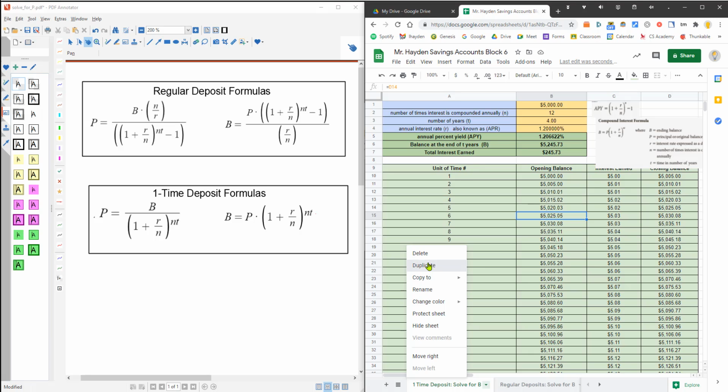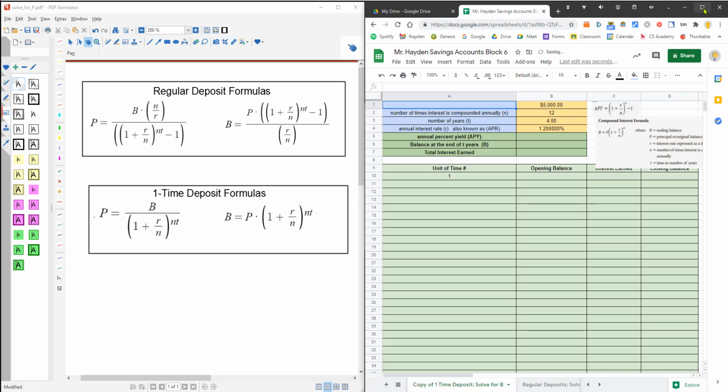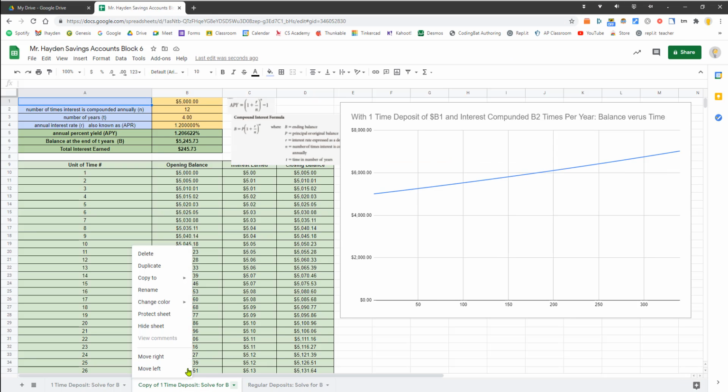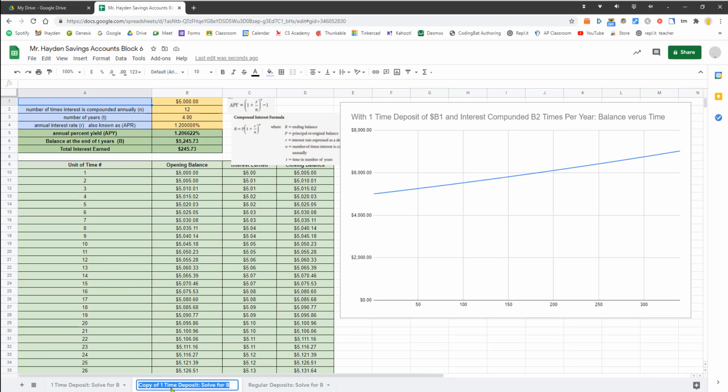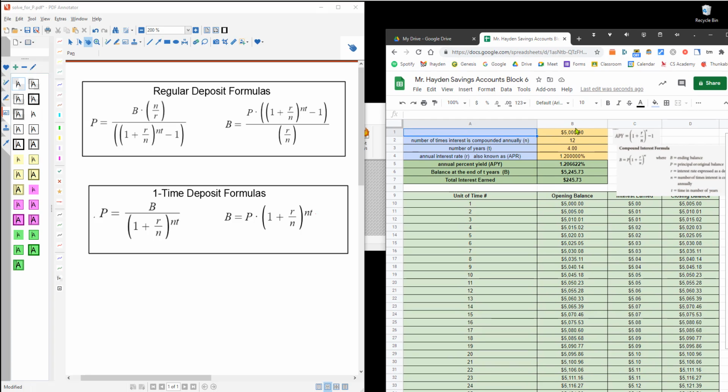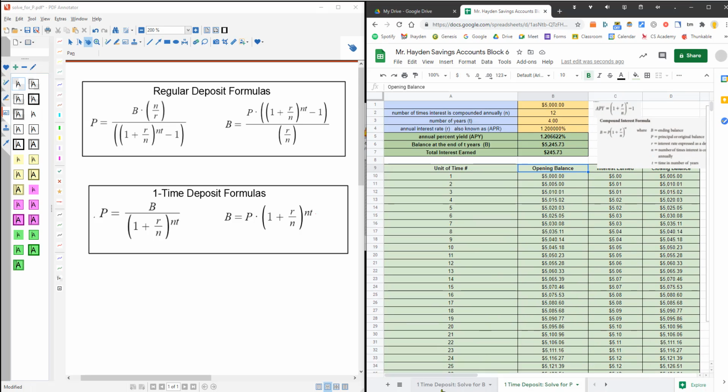And then I'm going to change its name and call it one-time deposit solve for P, as in principal. Okay, so now instead of the user entering how much money they're going to deposit, do I not have a header there for B?